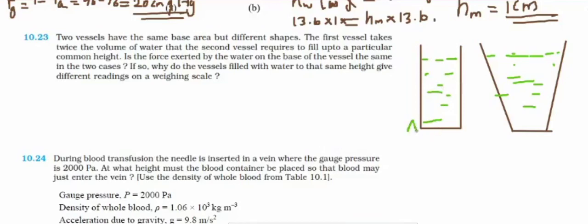Both have the same base area. You can take it as A. Here also the base area is the same, A. Then both of them have the same height of liquid inside, height H. Now if the height is H, then pressure is equal to H rho G. So both have the same pressure at the bottom, H rho G, since both containers have water at the same height.